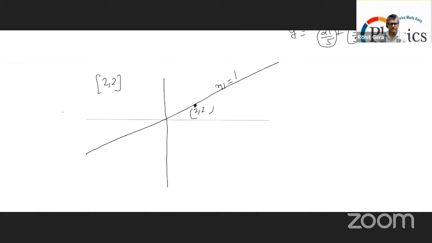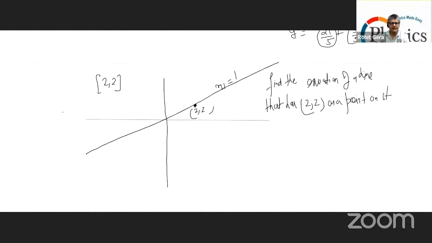Find the equation of a line that has 2 comma 2 as a point on it and its slope is 1.